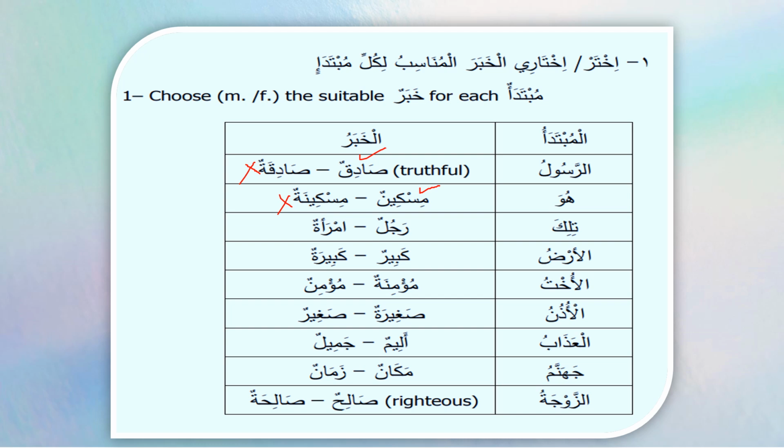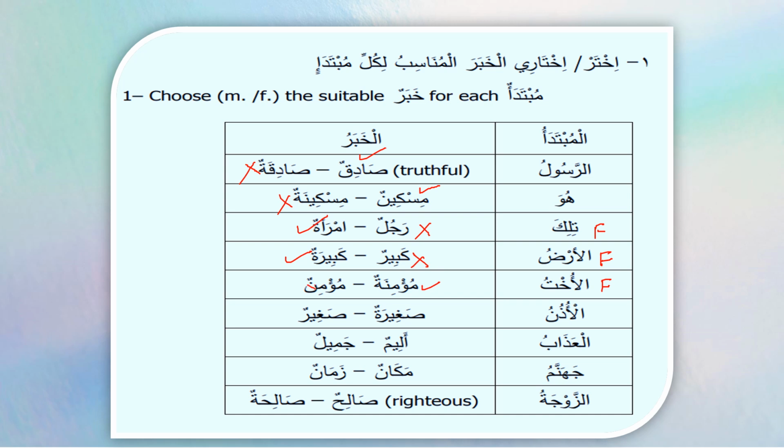Tilka is the demonstrative pronoun for faraway things, for feminine. So we will check for the gender: imra'ah. So our answer is imra'ah, woman, not rajul. Ard is a feminine noun. So look for the feminine khabar, kabiratun. And ukht is a feminine noun. So ukhtu mu'minatun, not mu'minun.